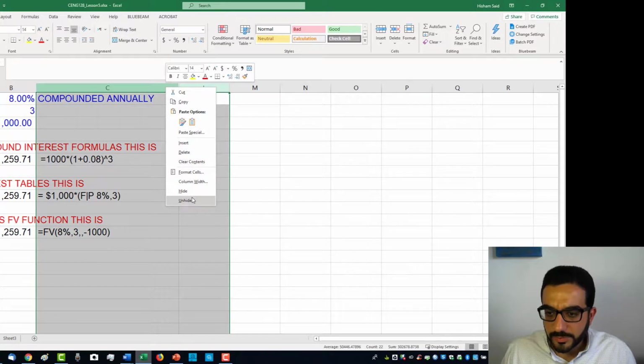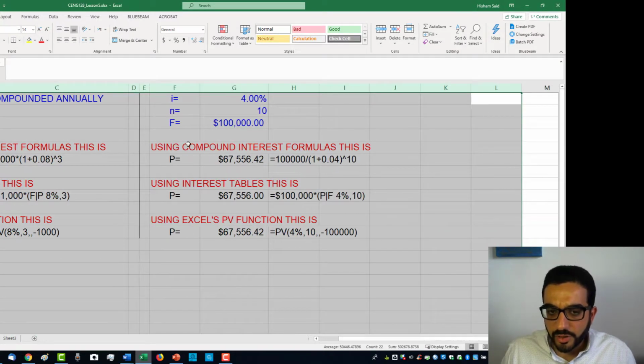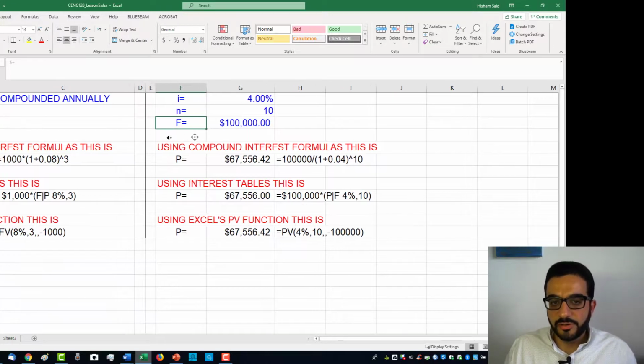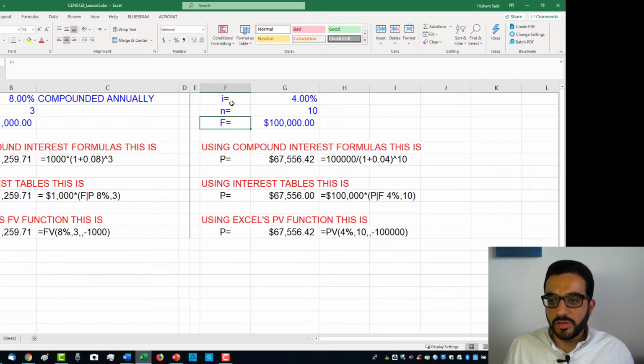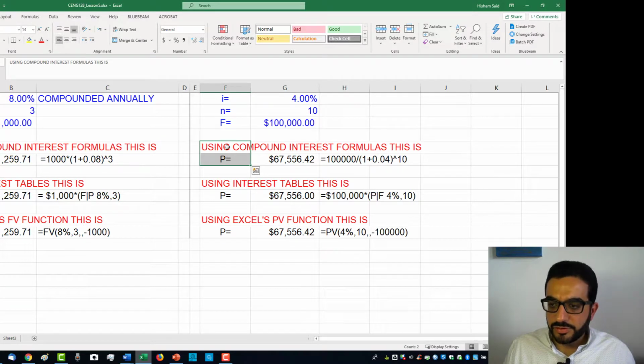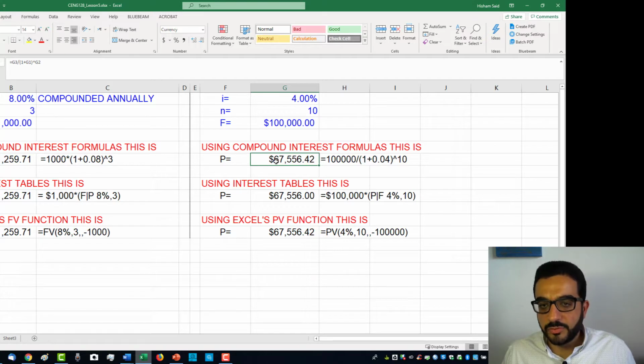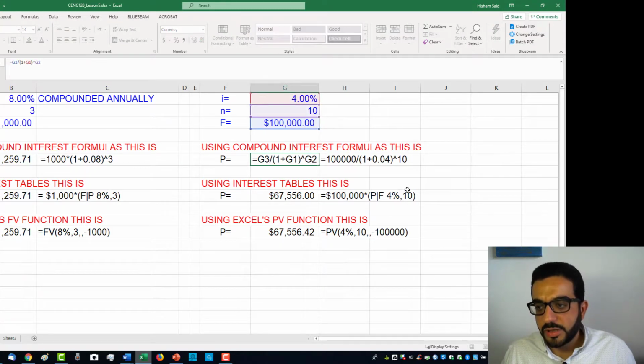One other example here is now the other type of story, which is I'm given F and I'm looking for P. So same three methods. Using the formula, just writing the equation, so that's P is equal to F divided by 1 plus i to the power n. So that's one way.